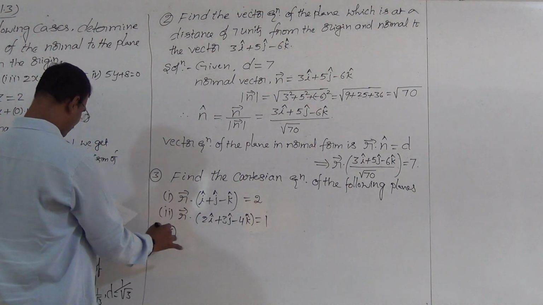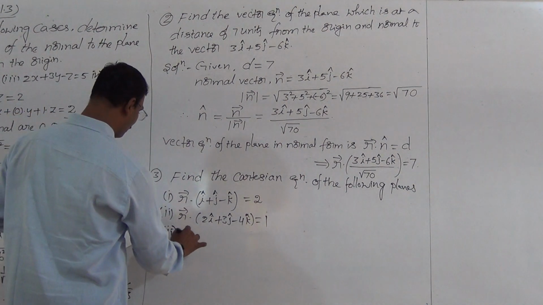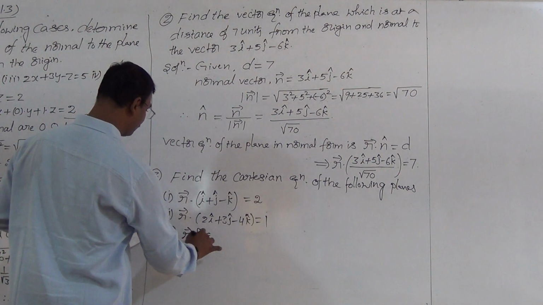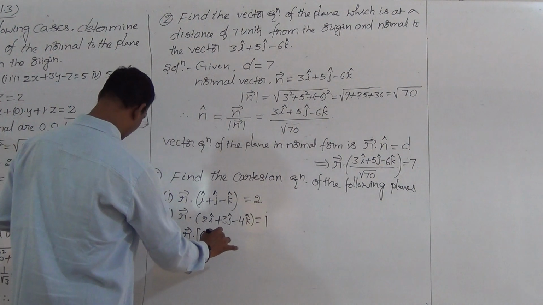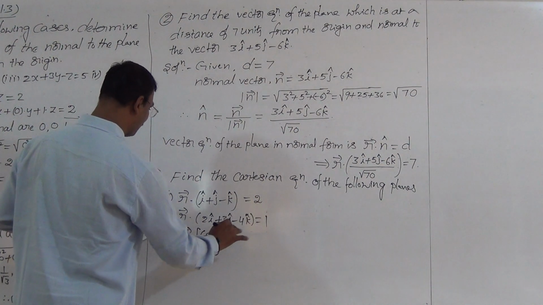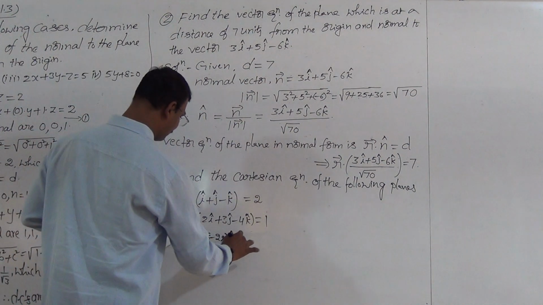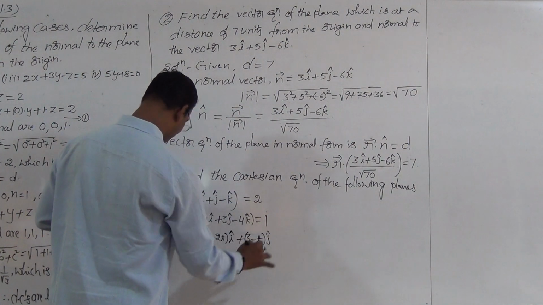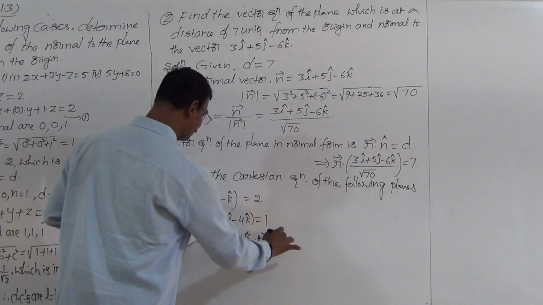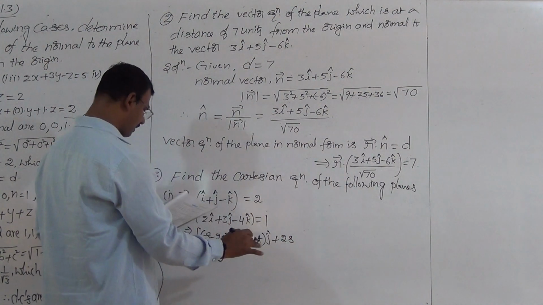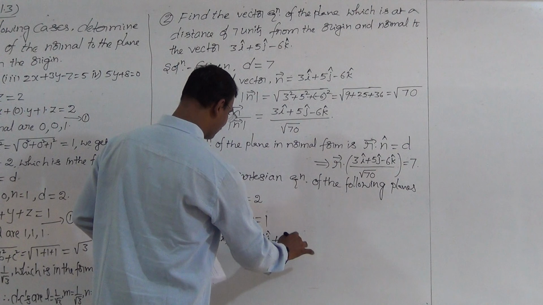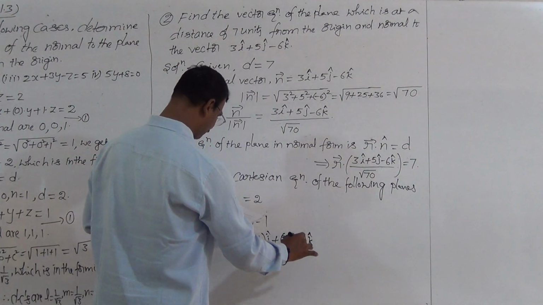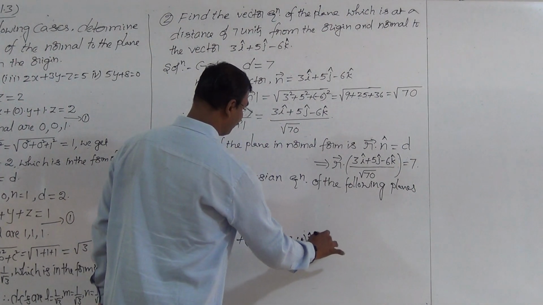And third bit: r bar dot (s minus 2t) into i cap plus (3 minus t) into j cap plus (2s plus t) k cap is equal to 15.